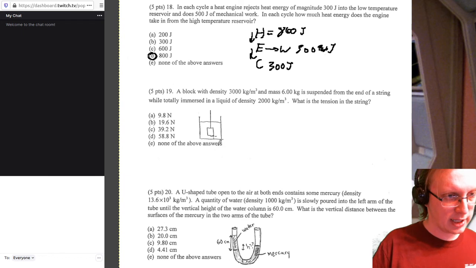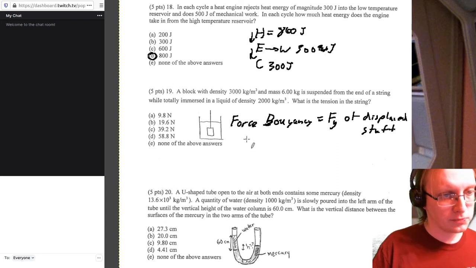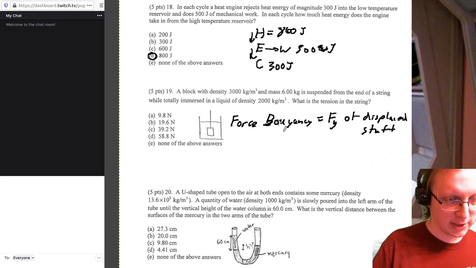The force of buoyancy is equal to the force of gravity of the displaced stuff. So we need to find that force of buoyancy first.